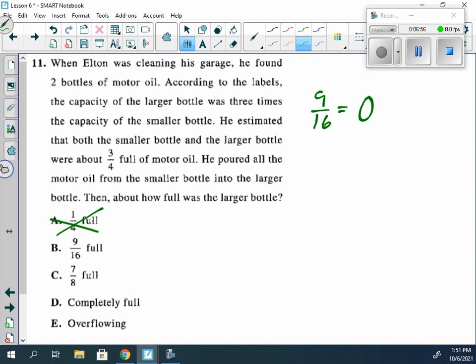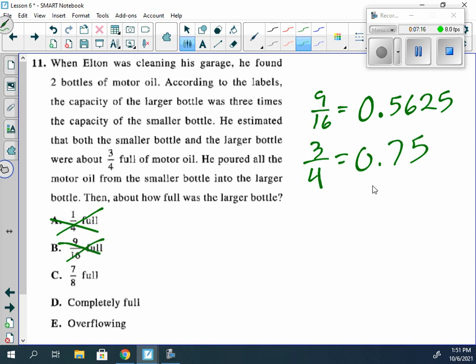Go on and plug it in. It should be about 0.5625. Well, wait a minute. 3/4 is bigger than that. So does 9/16 make any sense? No. 7/8. Okay.